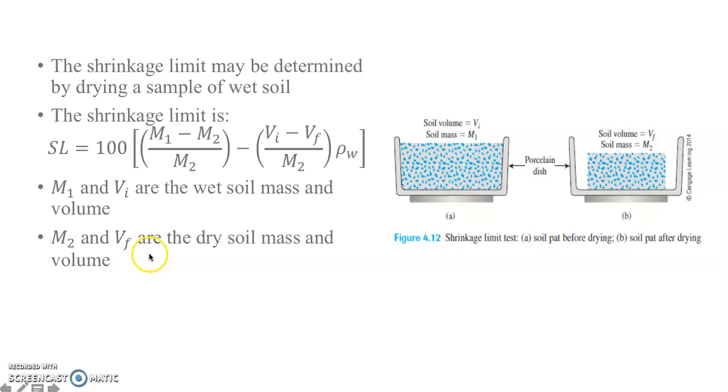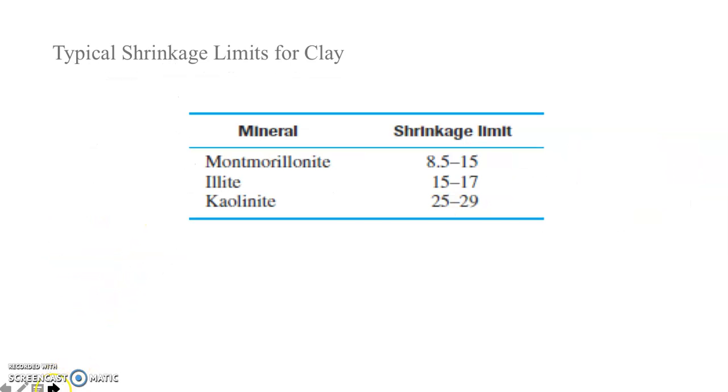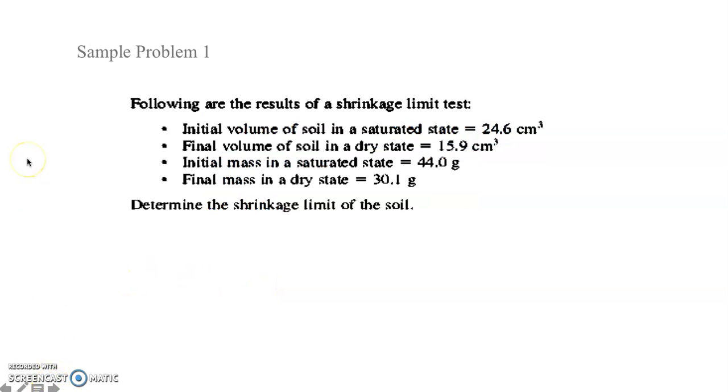M2 and V_f are the dry soil mass and volume. One is the value before oven drying, and the other is the value after you have oven dried your soil mass. So we have a typical shrinkage limit for a clay, with the values illustrated on the table. And we have here the example.